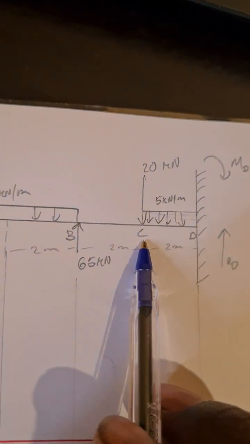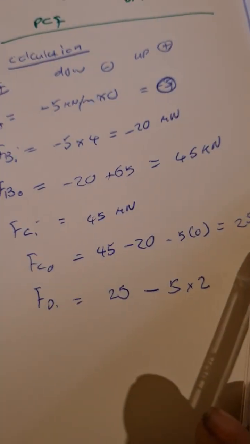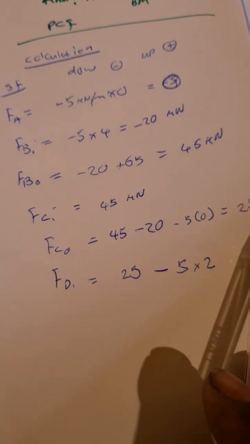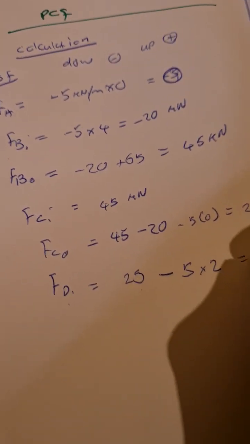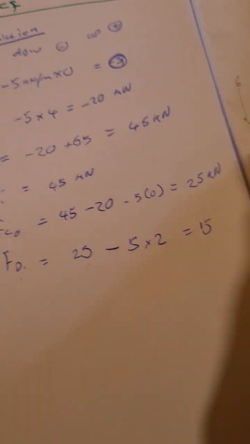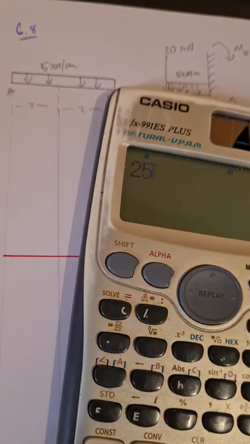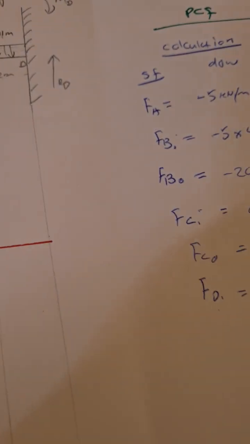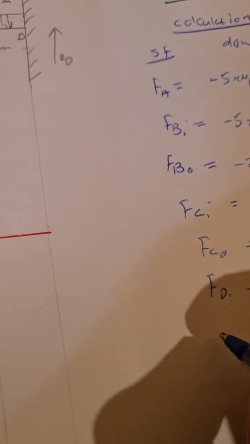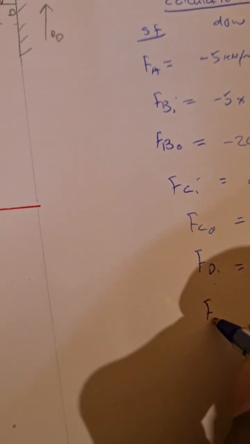Because of the distance between C and D. Remember, we're starting at C. 25 is at C. So before D we have 25 minus 10, which is 15. Let's double check. Kilonewton.